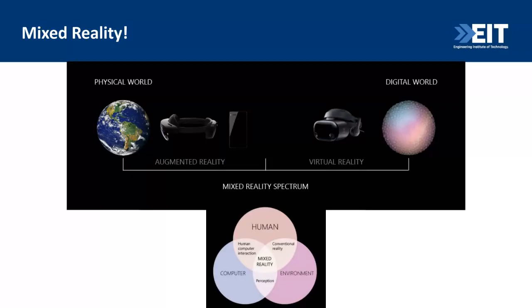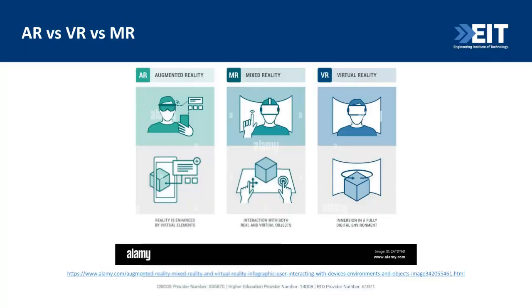Anyway, ultimately, I won't go through these slides here, but when we talk about mixed reality, it is a combination of both augmented and virtual reality, where we're getting the best of both worlds by not only getting the digital layer on top of the physical world, but also allowing it to interact with that virtual world. So the virtual and physical world are interacting together. That's what mixed reality is all about.